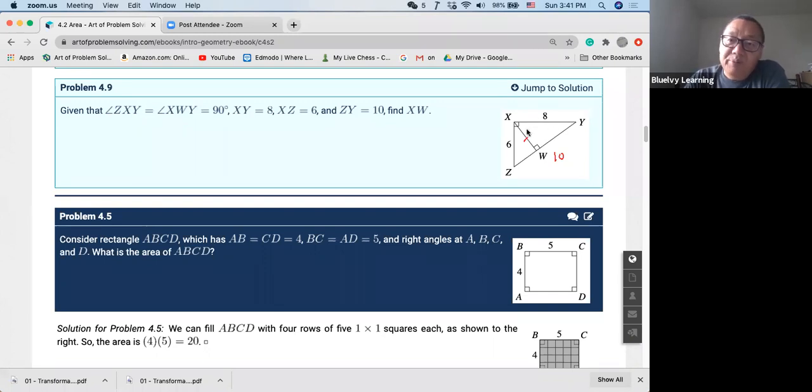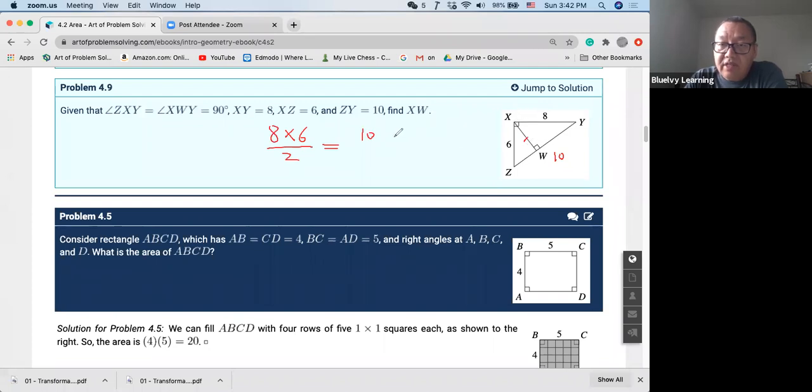See this problem, triangle XYZ, one way to calculate the area of triangle XYZ is you use 8 times 6 divided by 2, right? You can think XZ is the base, XY is the height, because this one's a right angle. This area we can also calculate using YZ as the base, because we know that's 10.